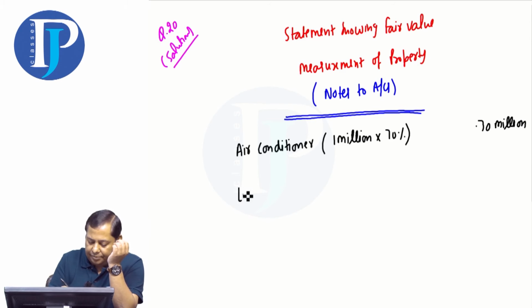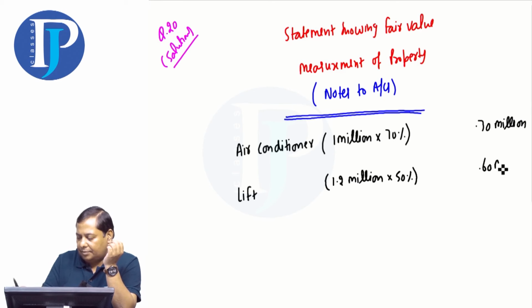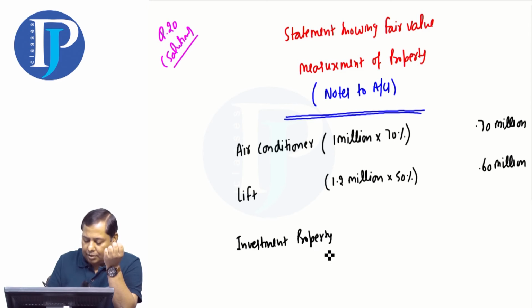Then we have the lift. We installed the lift for 1.2 million rupees. We will apply 50% on this. This will be 0.6 million. Investment property is a balancing figure.